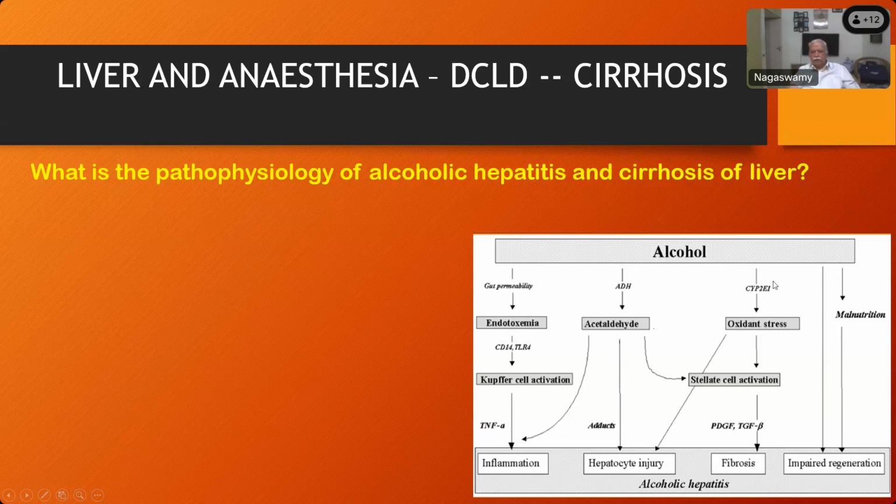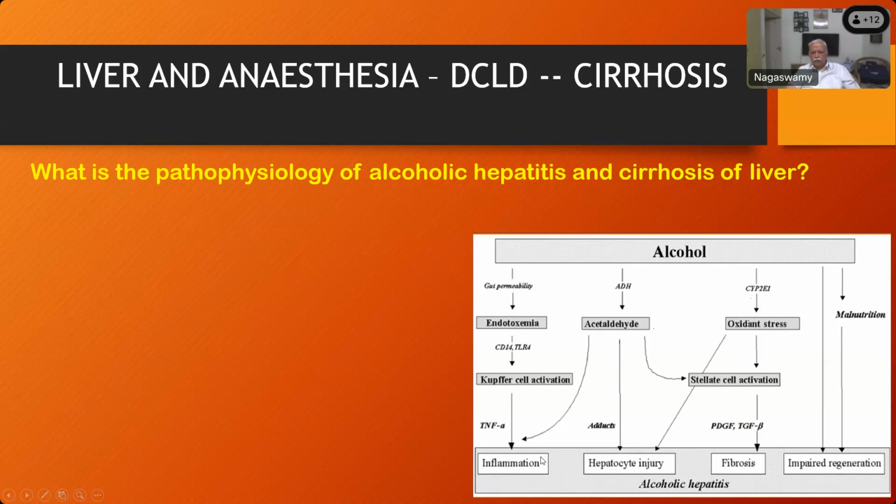The third thing is because the cytochrome P2E1 is also affected, it leads to what is called oxidative stress, and it stimulates what is called stellate cell activation, and that will lead to an increase in growth factors, which will cause fibrosis.